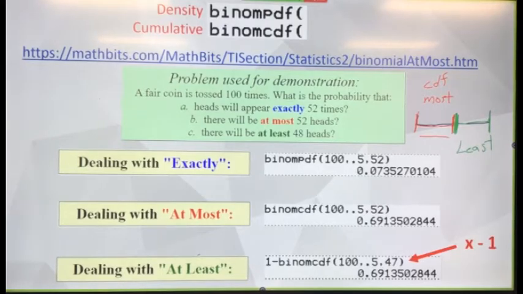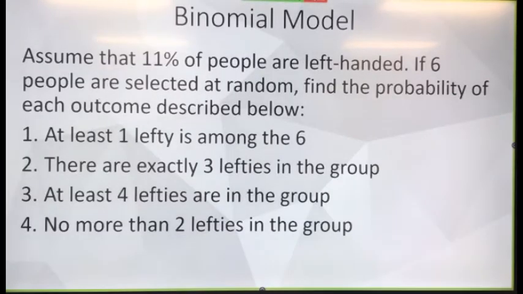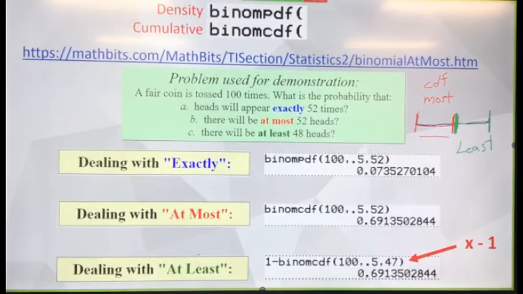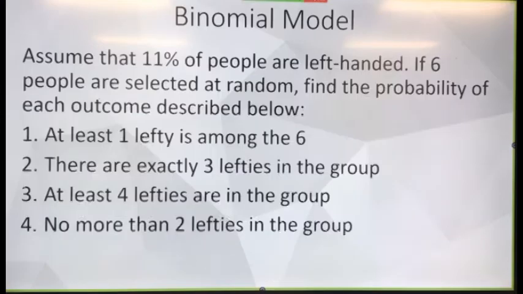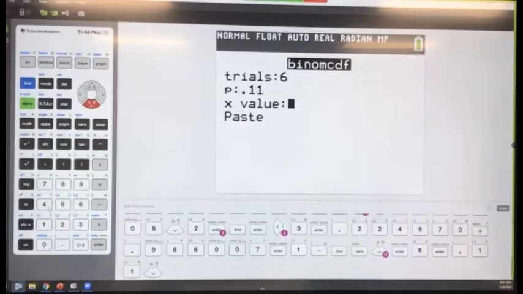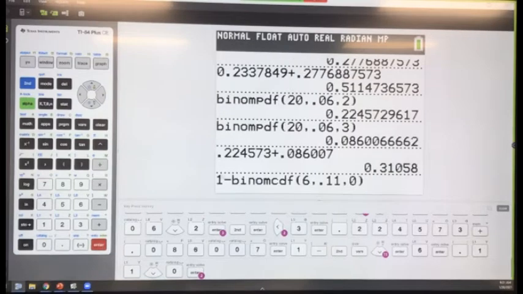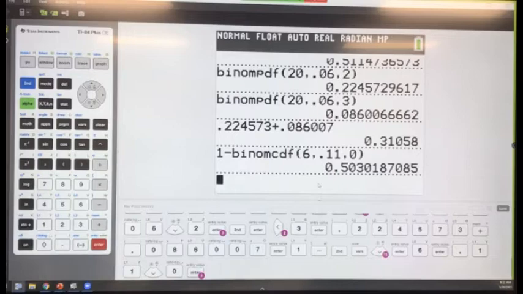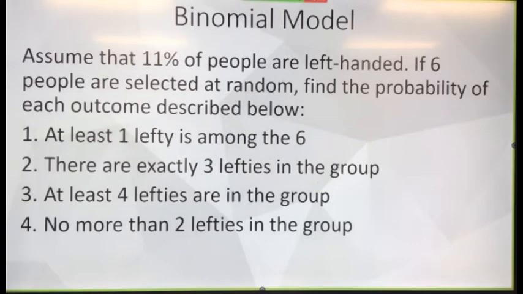So what would you put as the x value? At least 1. 0, right? So 1 minus 1, I'm going to put 0. So this is telling me at least 1 left-handed people out of 6. And I get a 50.3% chance that at least one of those is going to be left-handed.